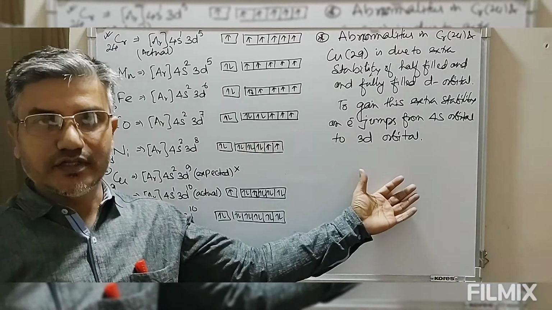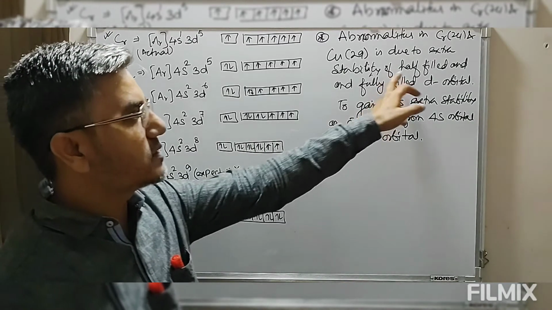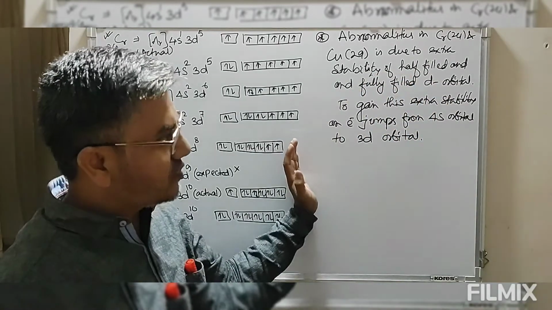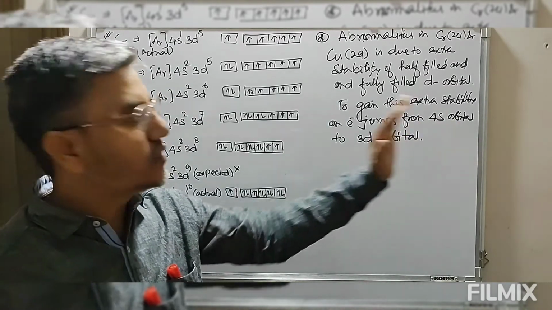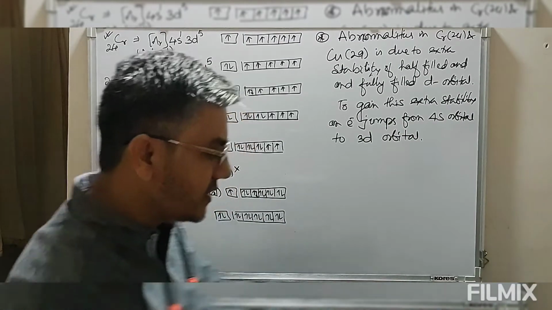So this is the abnormality in electronic configuration. One electron from s orbital jumps to the 3d orbital to gain extra stable half filled and fully filled d orbitals in case of chromium and copper.